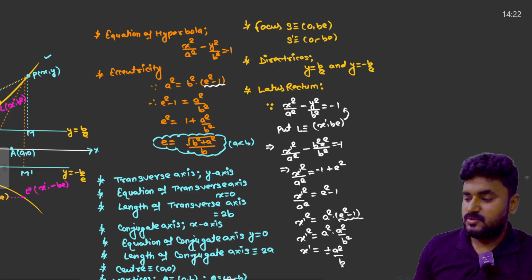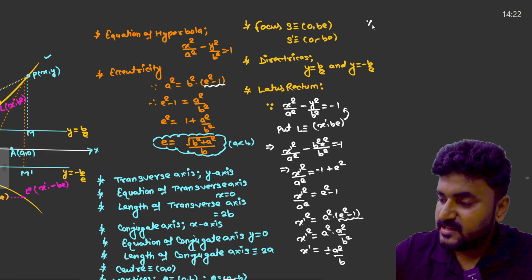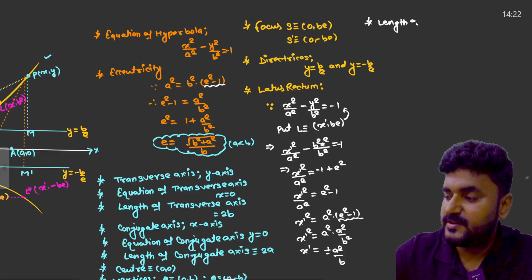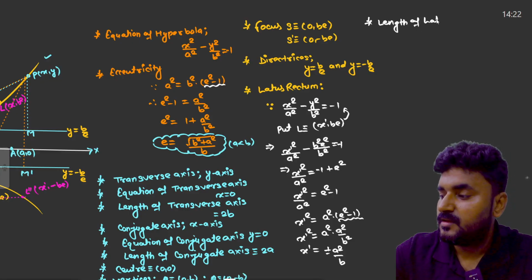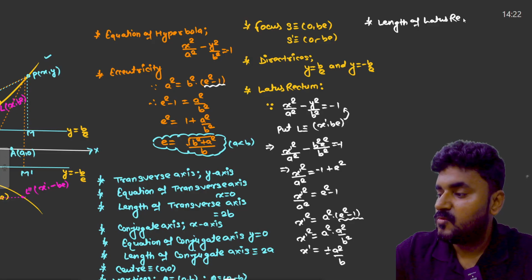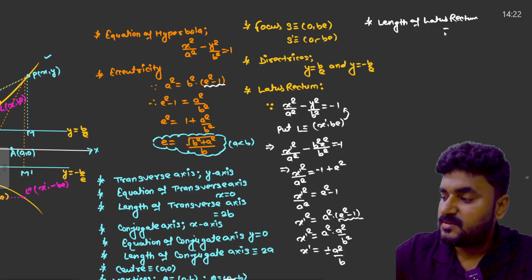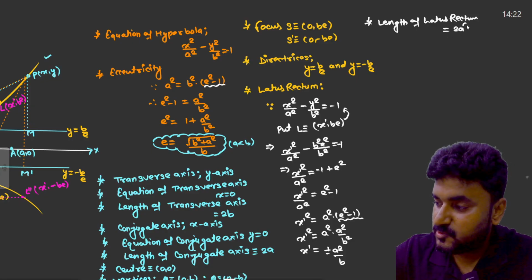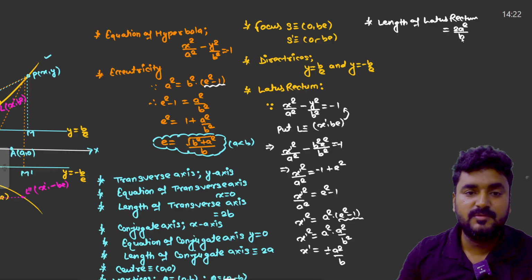Therefore I can say the length of the latus rectum is 2a square by b will come. Okay.